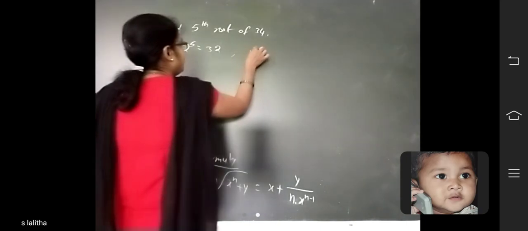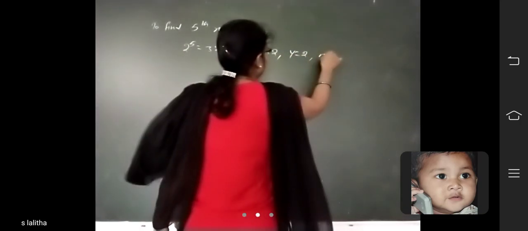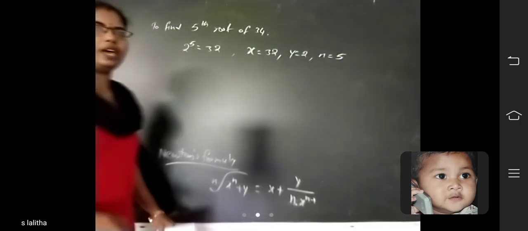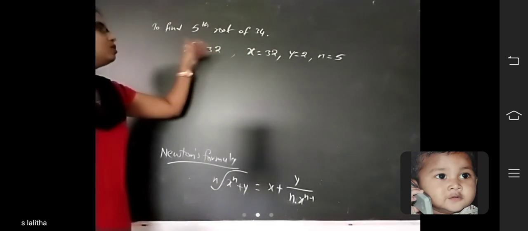So you have to take x is equal to 32, y is equal to 2, and n is equal to how much? 5. So x is equal to 32, y is equal to 2, n is equal to 5.